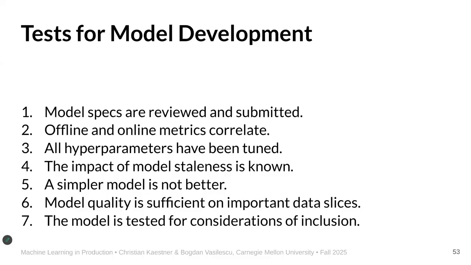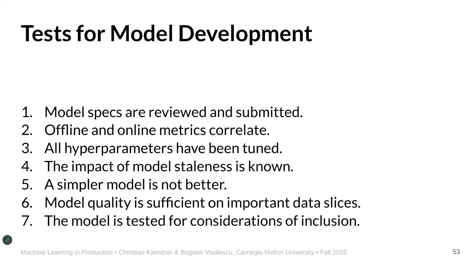Same group, any other model development thing you would test? What did you talk about? So basically our team point was about false negatives, based on gender, race, or accent.